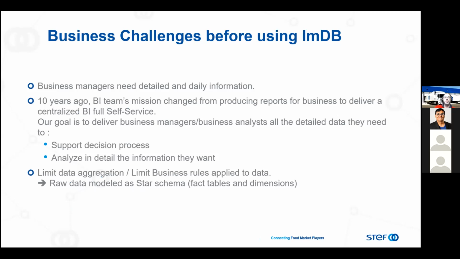It goes from field sales to operation to operational controlling, human resources, purchase, and the BI team mission is to give all these managers the right information to support the decision process and analyze in detail their activity. 10 years ago, we changed the BI team mission from producing reports for the business to delivering a centralized BI full self-service.